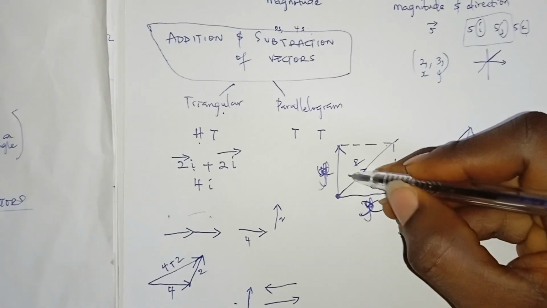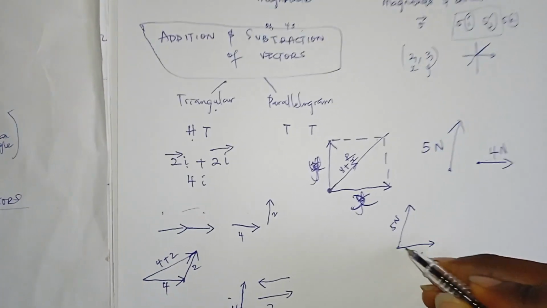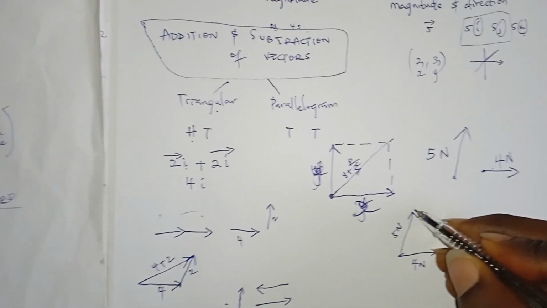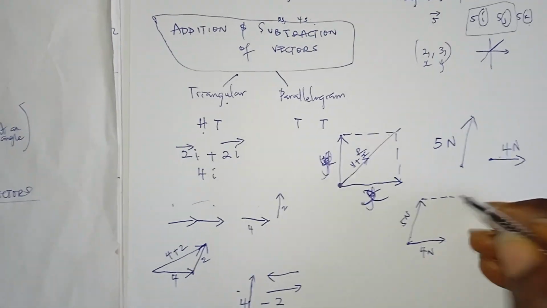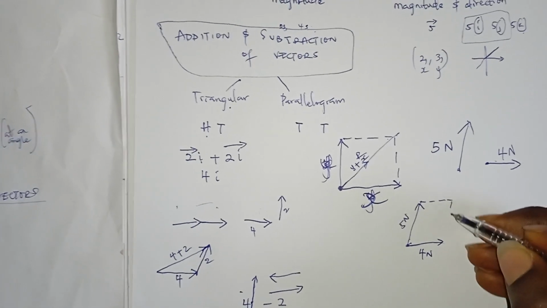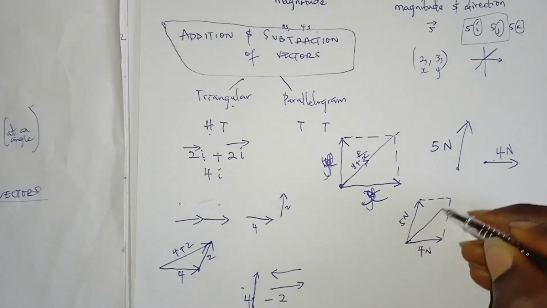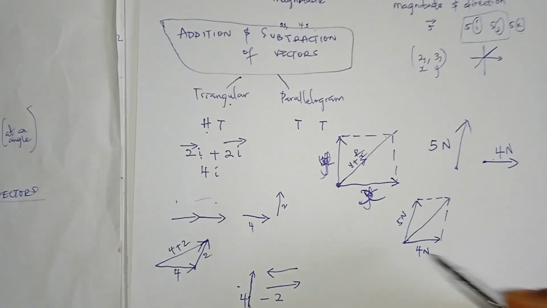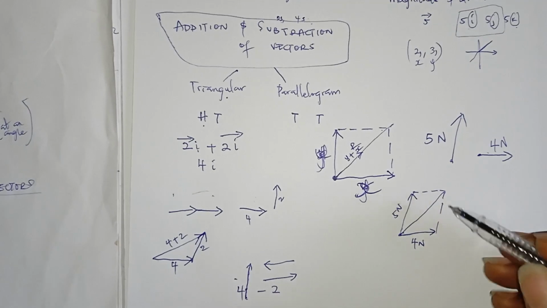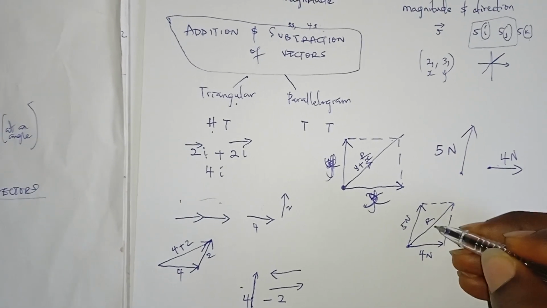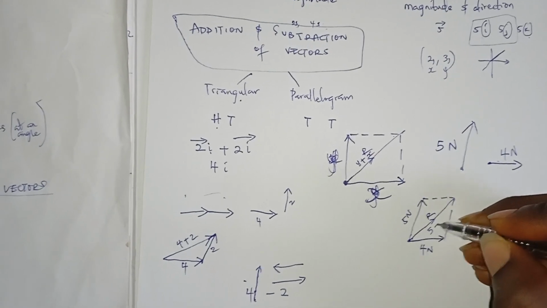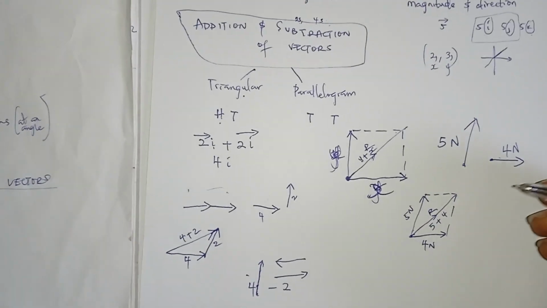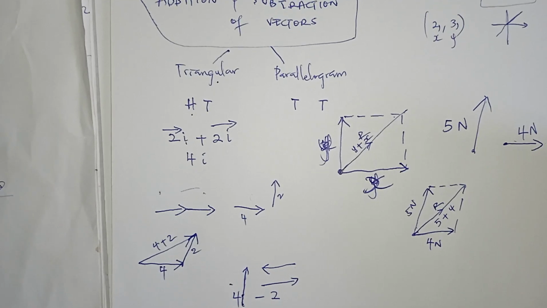By the time you make this particular line have a parallel line, lines that can never meet, and this one have a parallel line that can never meet, the diagonal traced here will give you the resultant. So the diagonal here is the same thing as your 5 plus 4. This is what the parallelogram law is saying.